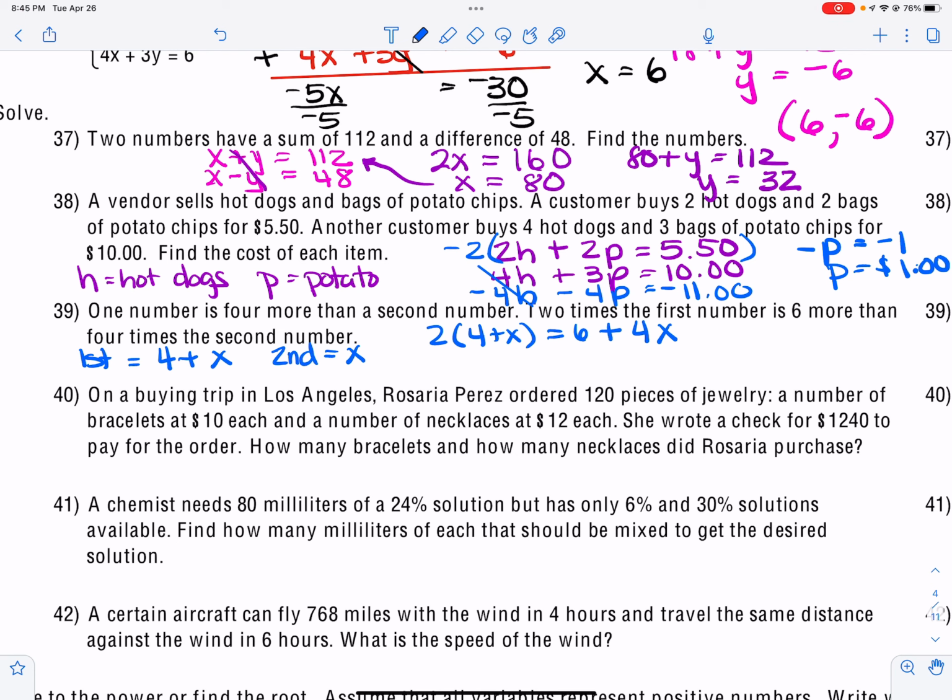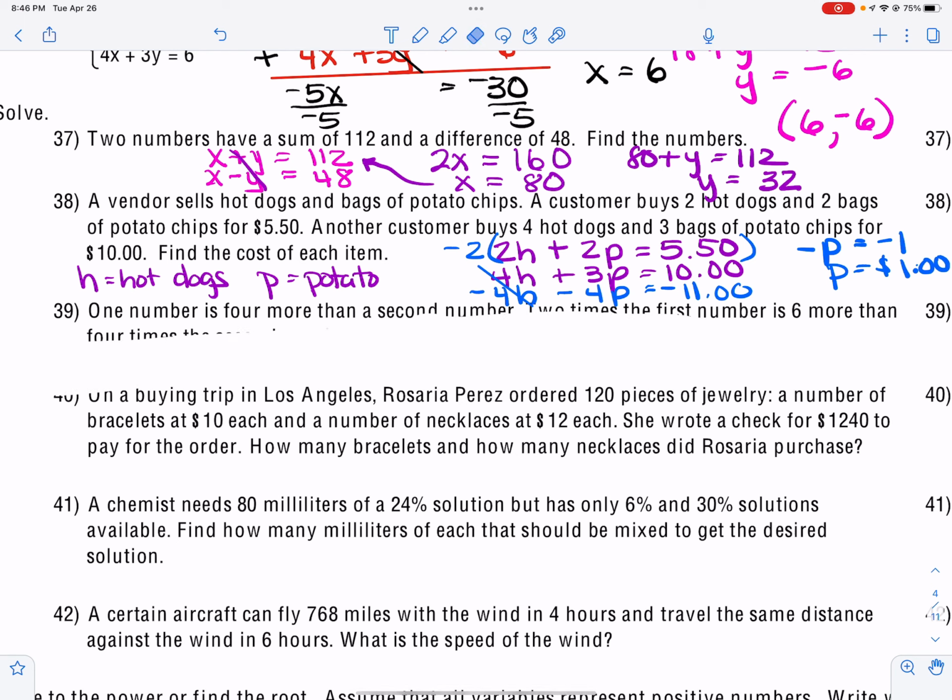And so now I've got one variable in this case. Oh, I know it. Let's start that again. Sorry, we're doing systems of equations.